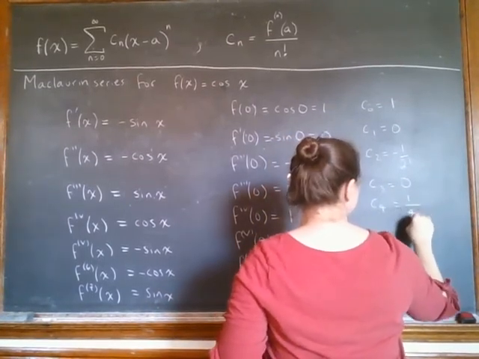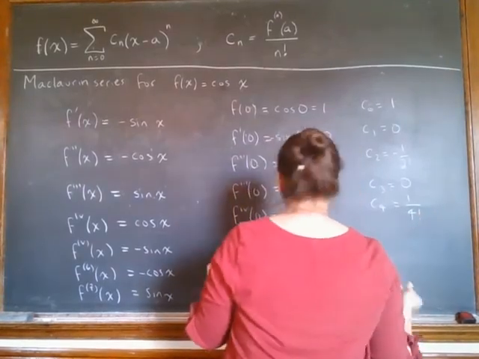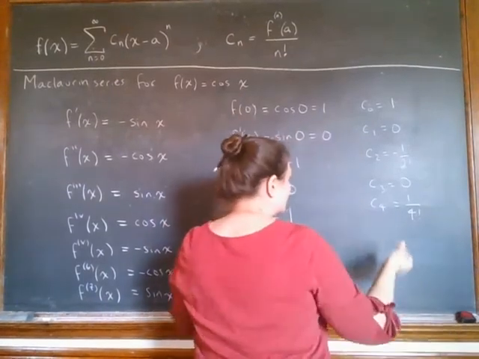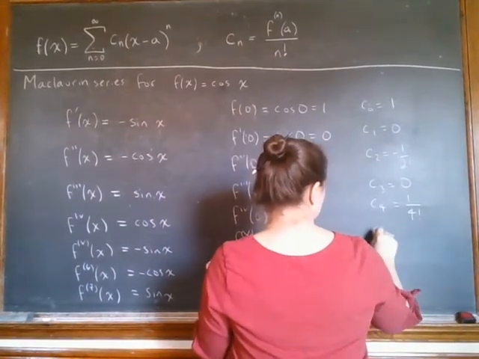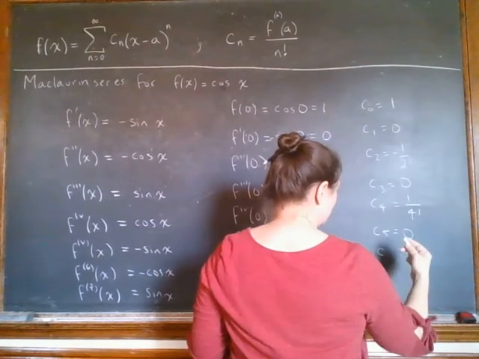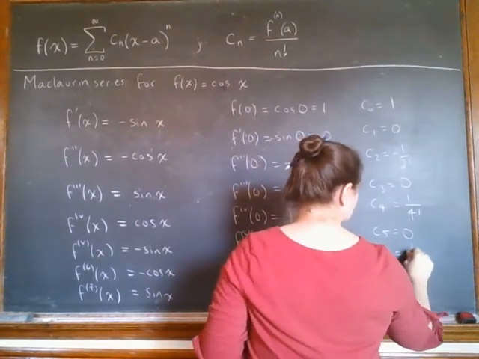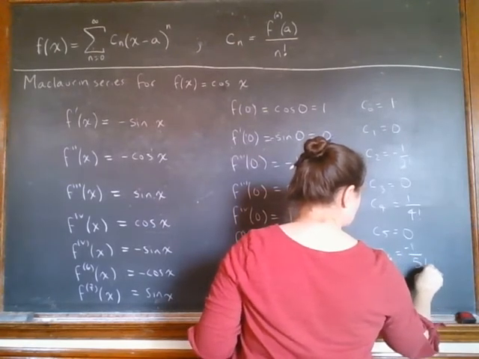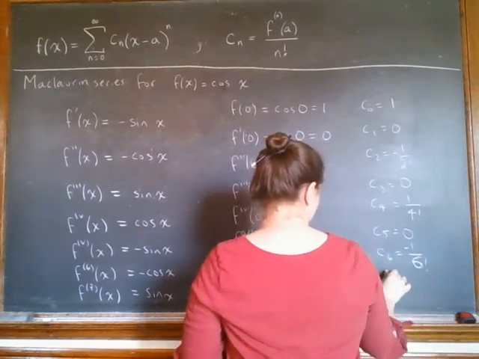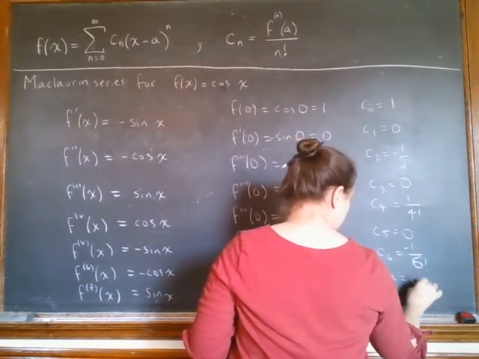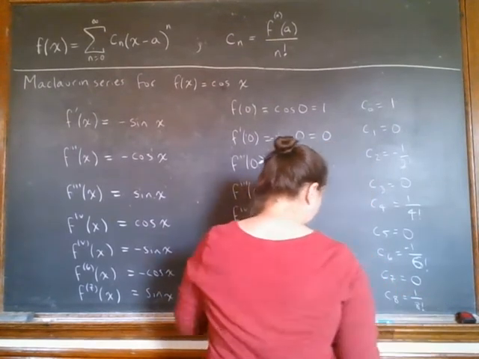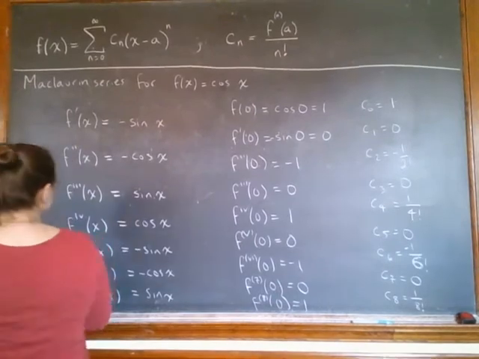So you'll notice, of course, that because it's sine and cosine, half of these are 0. So that's kind of nice. It's like half of my terms are 0. So I have to do a few more terms, perhaps, to see the pattern. So C6. Okay, so there's my Cn.